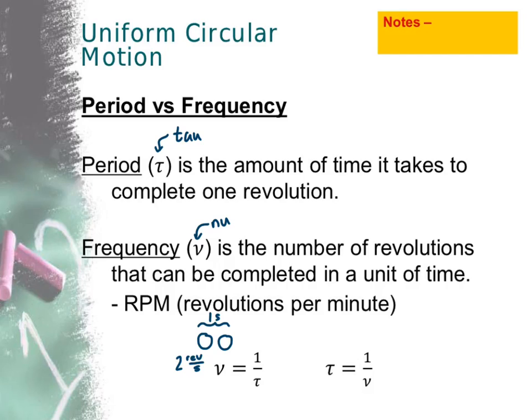Then the amount of time it takes for you to do 1 revolution is obviously half of that. So it would take you 1/2 of a second to do 1 revolution, so your period would be half a second. So you can use either of these formulas. You can say frequency equals 1 over period, or you can say period equals 1 divided by frequency. Either formula will work.